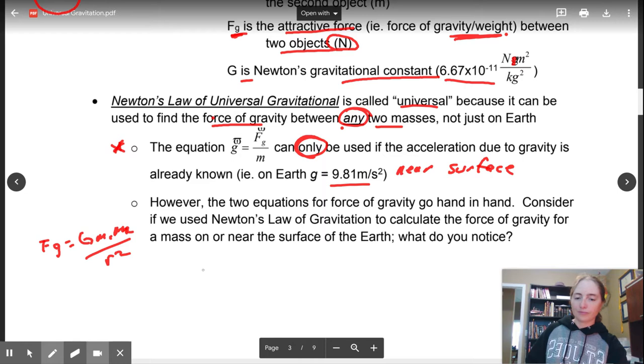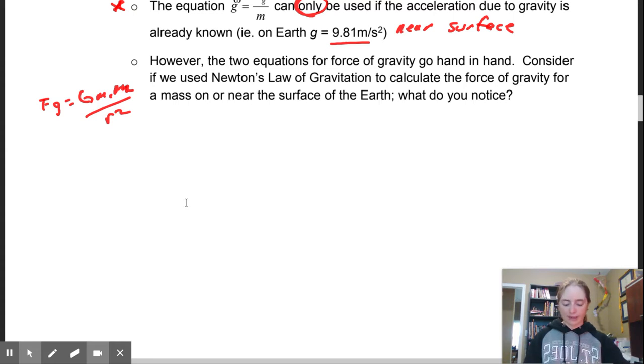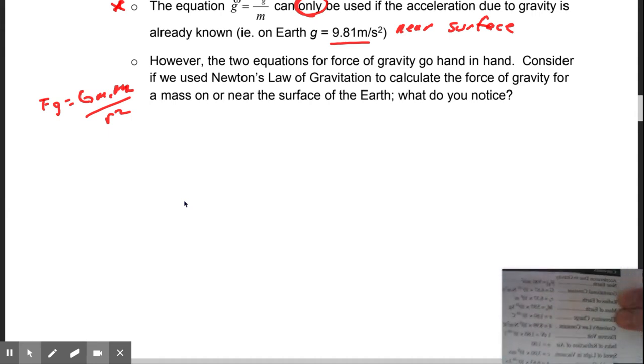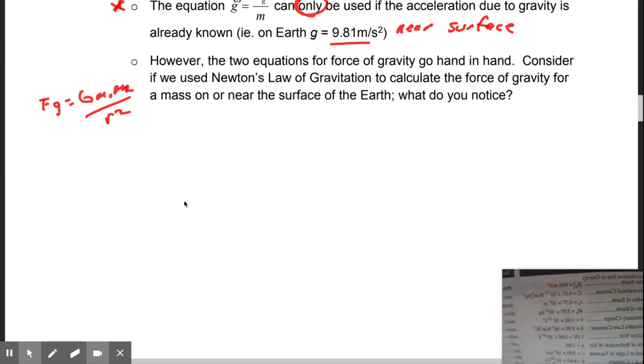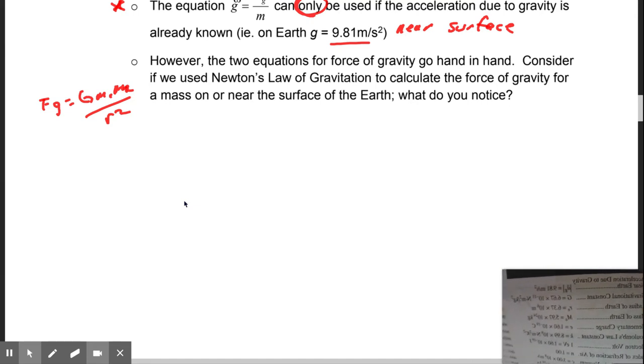Okay? So what I'm going to do is scroll down a bit so I've got some more space here. Now, ladies and gentlemen, I want to show you a couple other values on your data sheet. What we have here is the radius of Earth and the mass of Earth.